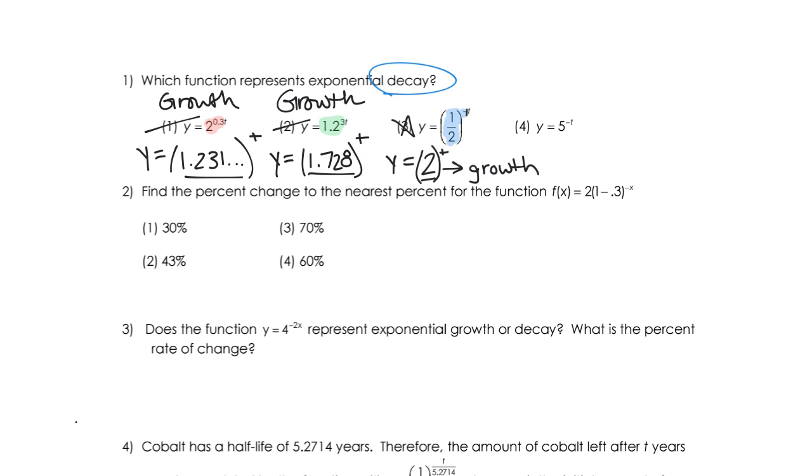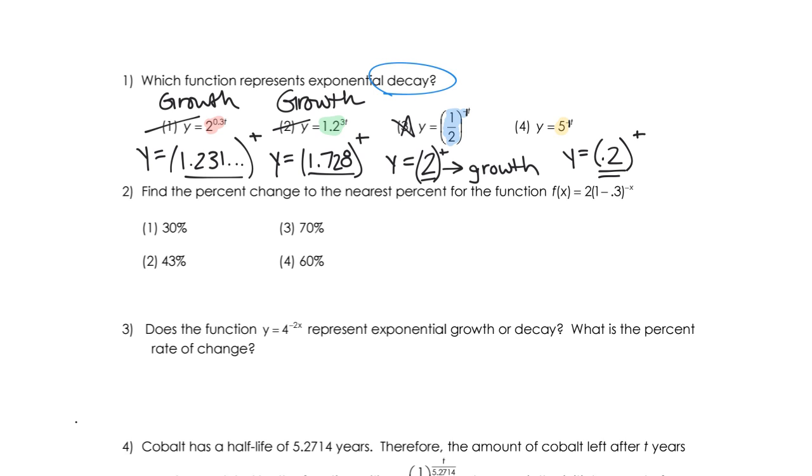So in choice 4, we have to realize we're going to raise 5 to the -1st power. We have to realize that there's a 1 in front of that t. And so we're rewriting this equation to be y equals 5 raised to the -1st, which in my calculator is 0.2 raised to the t.